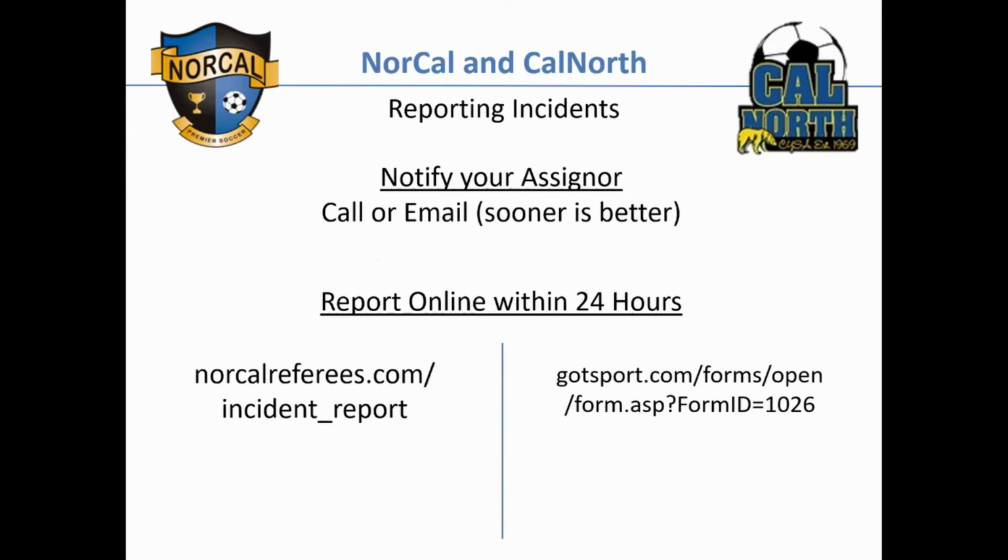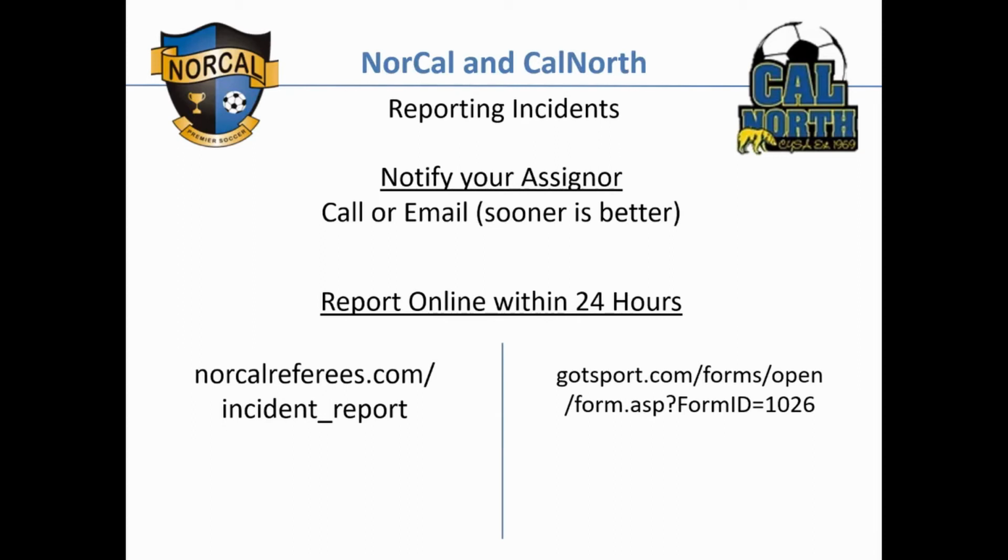The other thing is, for instance, if you have parents that are being unruly, basically yelling profanities and that sort of thing, I need to know about it. NorCal needs to know about it. That's where you fill out that information on an incidents report. Again, most of the information you need is right off your game card, and you just put in the description.